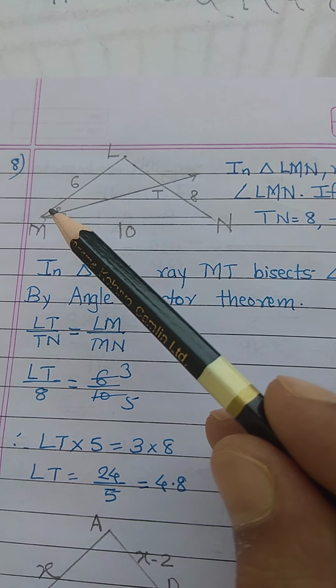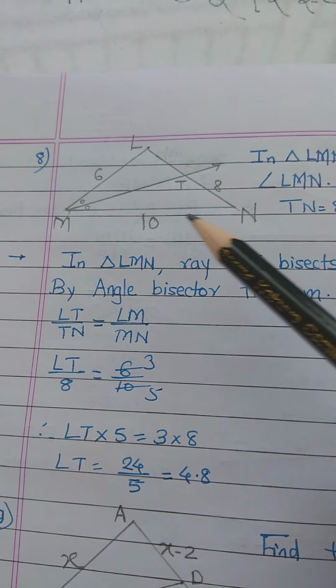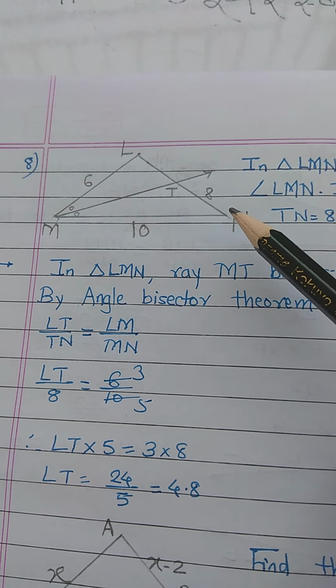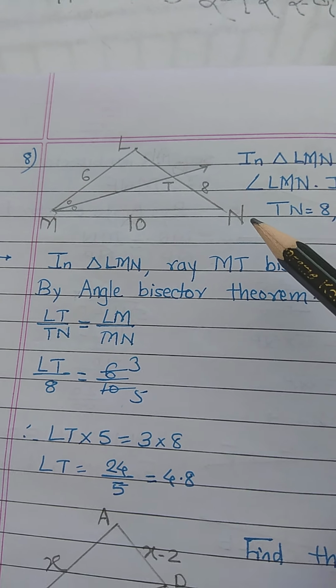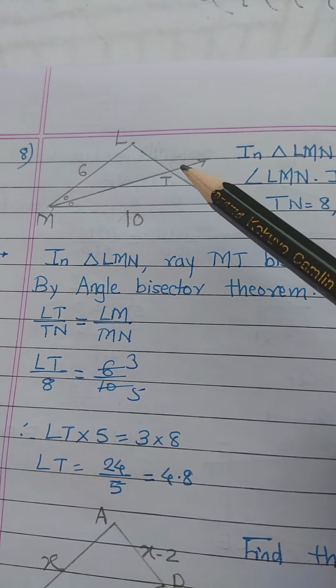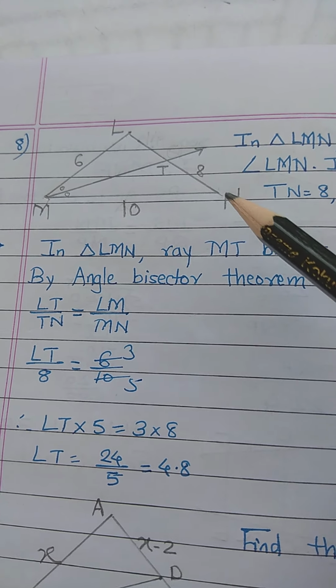The bisector of an angle divides the side opposite to the angle in the ratio which is equal to the ratio of the remaining sides. That means LT upon TN should equal LM upon MN.